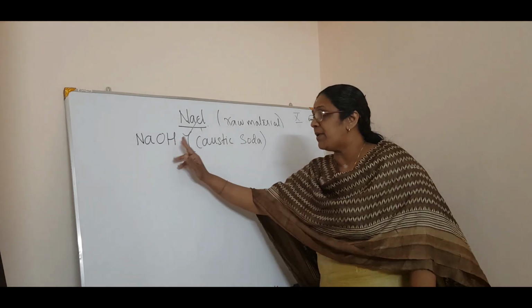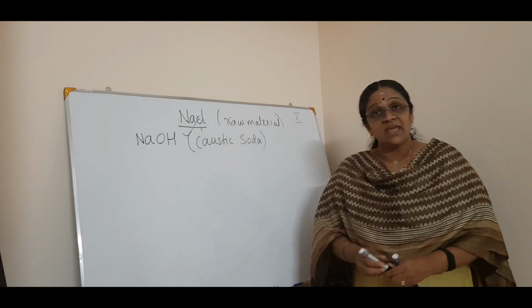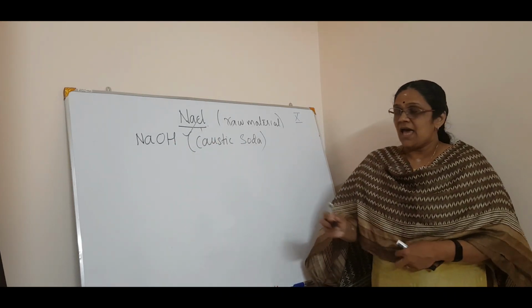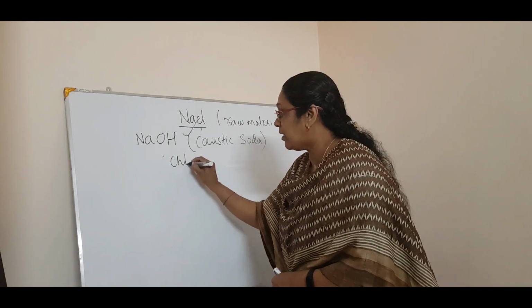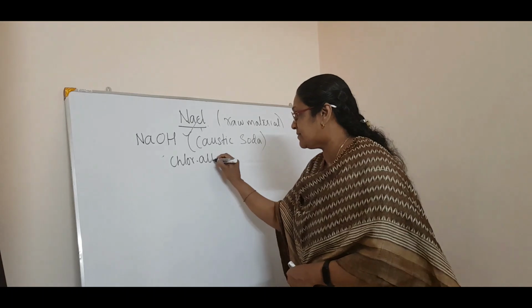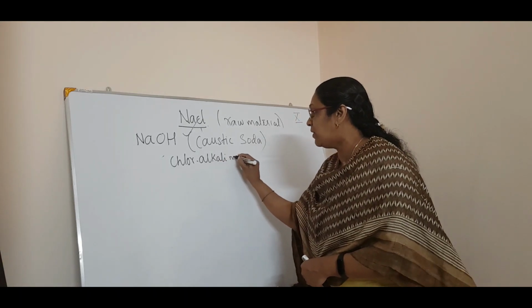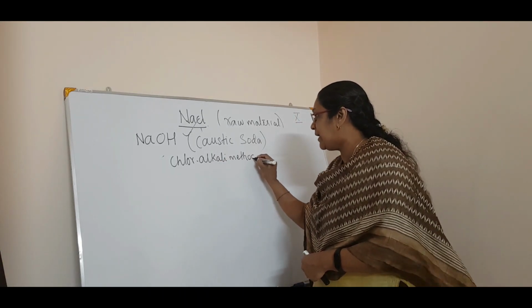Now, how can you prepare sodium hydroxide from NaCl? And the method is called, listen, the chlor-alkali process. Okay, what is the method called? Chlor-alkali process.